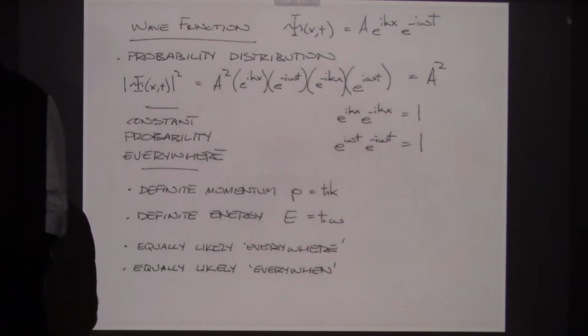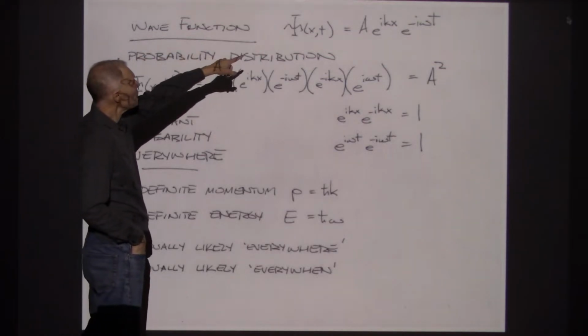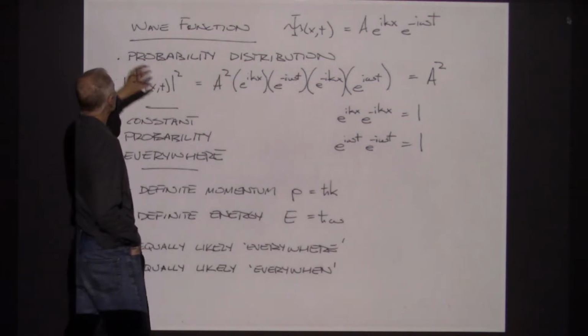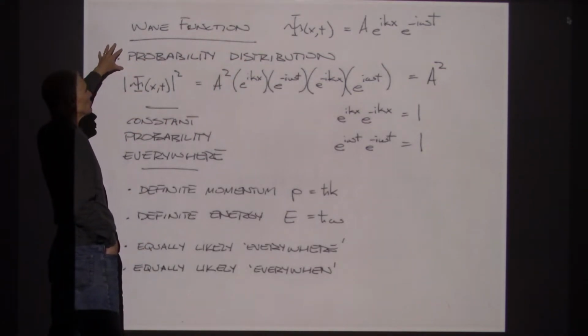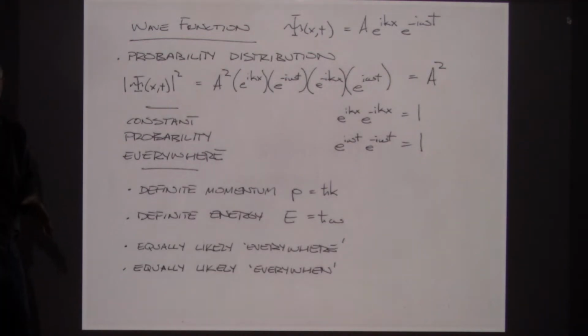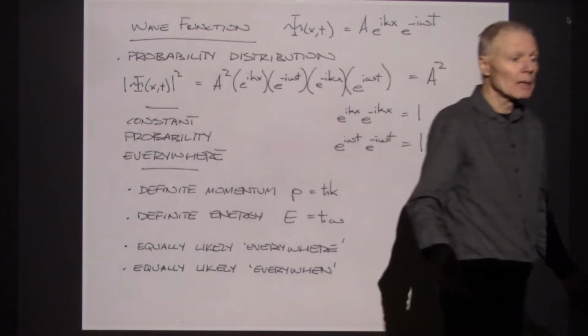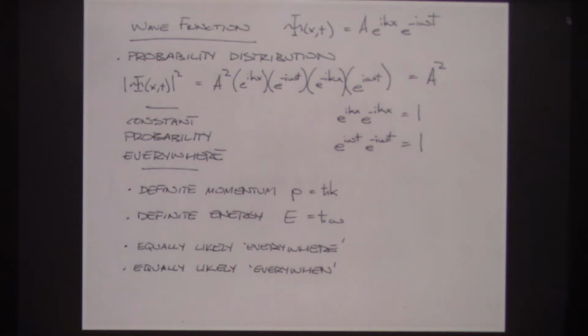Okay, let's look at some more quantum mechanics here. So if the wave function is represented by this, we can find the probability distribution, the probability of where a particle is located. Now this is a little strange too, because in classical physics we're used to thinking there's just a trajectory and the particle just follows a certain trajectory.